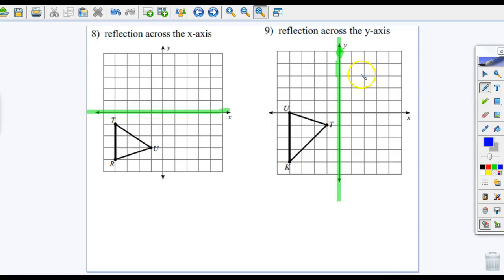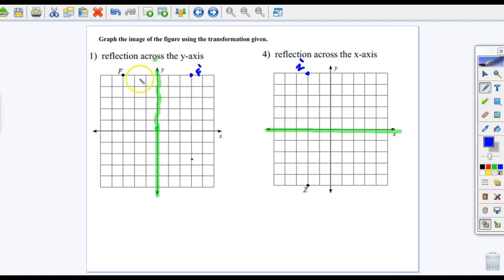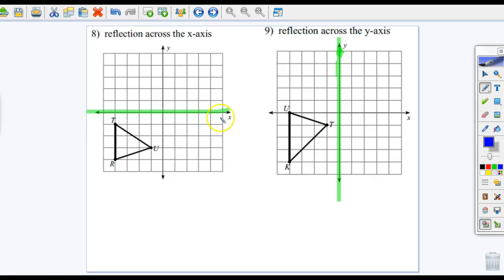Okay, so this time, instead of just a point, we're reflecting the entire shape. And in this case, it's a triangle. So from T to my T prime, I want to count up 1, and that'll get me to my line of reflection. So I continue up 1 again.